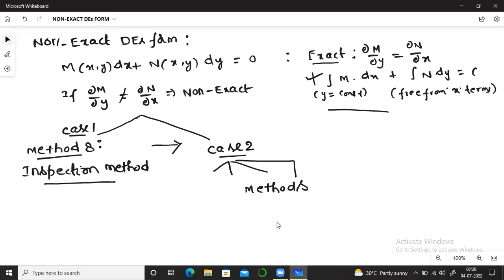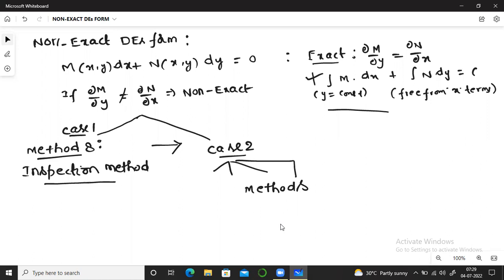We will give names to those methods later. First we check whether the given equation is exact. If it is exact, we already did that under method 7. If it is non-exact, I have to check two cases: case 1 is the inspection method, and case 2 has other methods that we will see later.